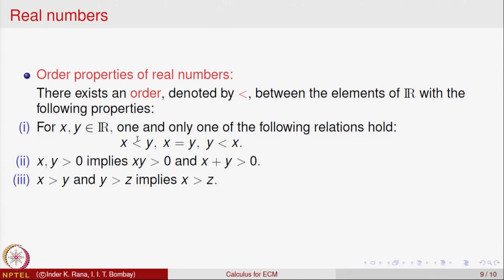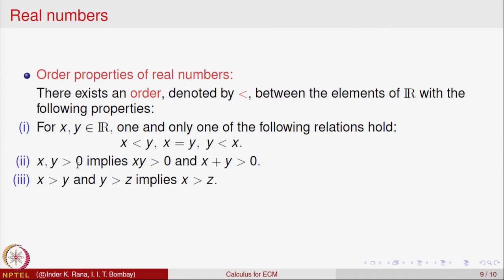And how does this order interact with addition and multiplication? It says that if x and y are bigger than 0, remember 0 was the additive identity, then the product and the sum are also bigger than 0. Normally such elements are called positive elements.